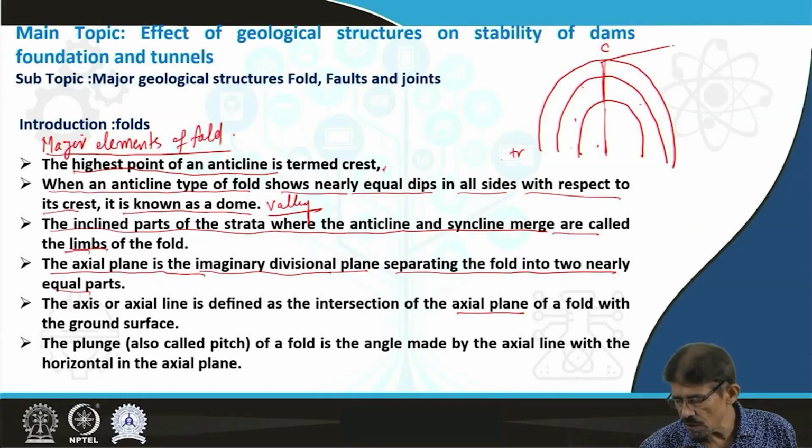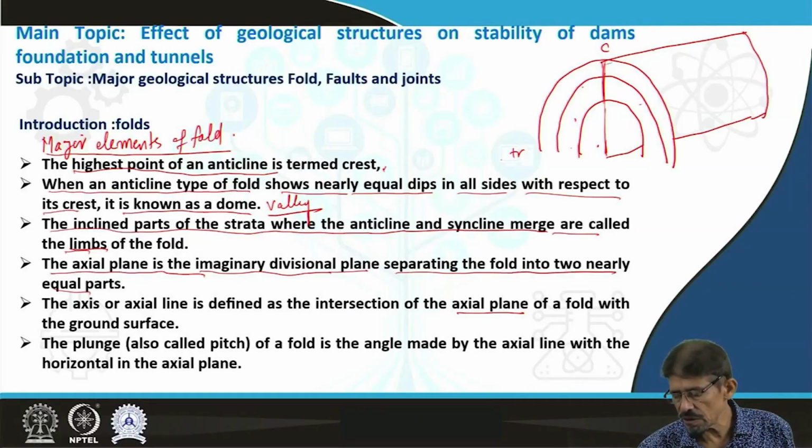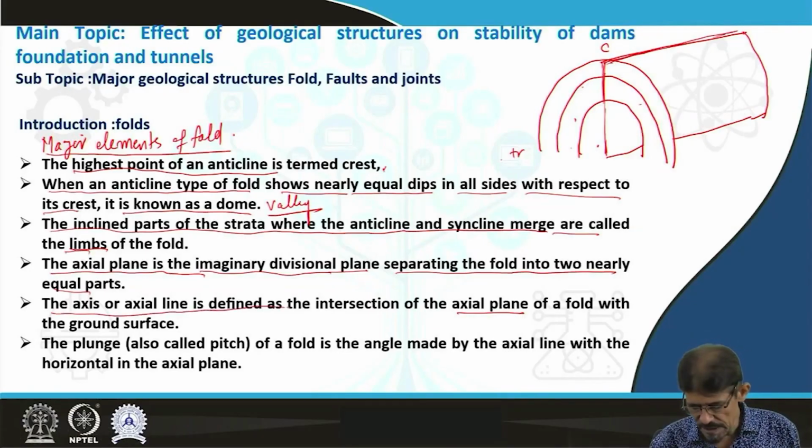If we extend this plane in three directions, then because it contains the axis, it is known as the axial plane. At this point we recognize the hinge. The axial line is defined as the intersection of the axial plane of a fold with the ground surface. Here the ground surface is exposed.